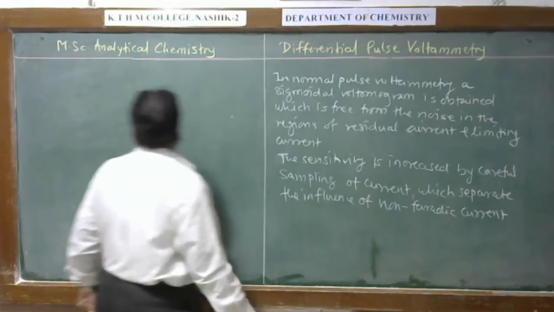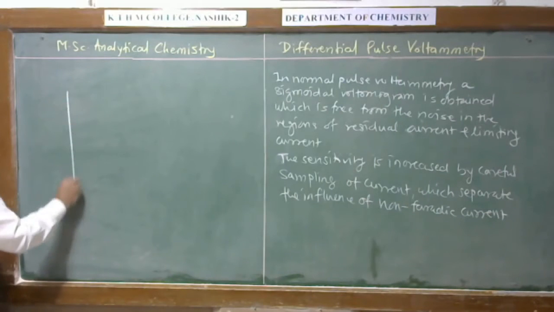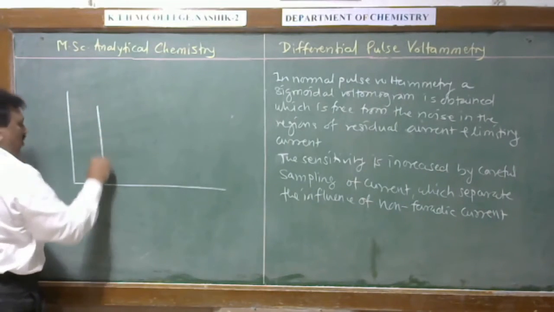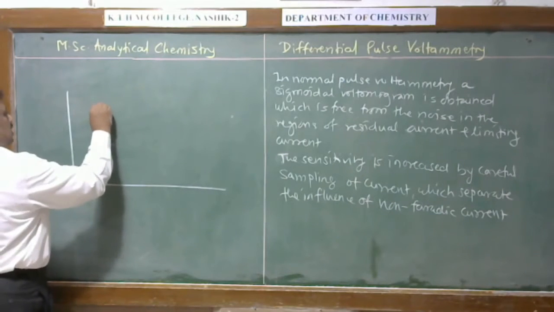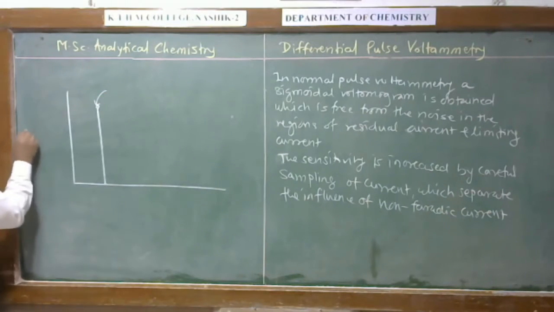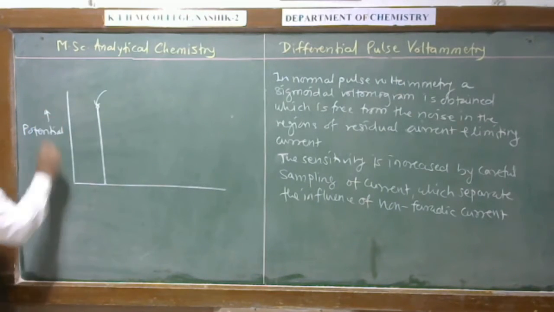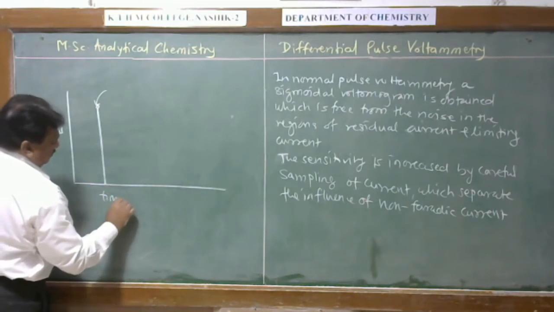That means in normal pulse voltammetry, this is the potential as a function of time.